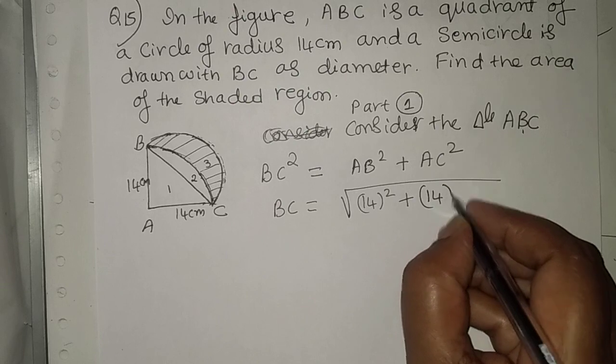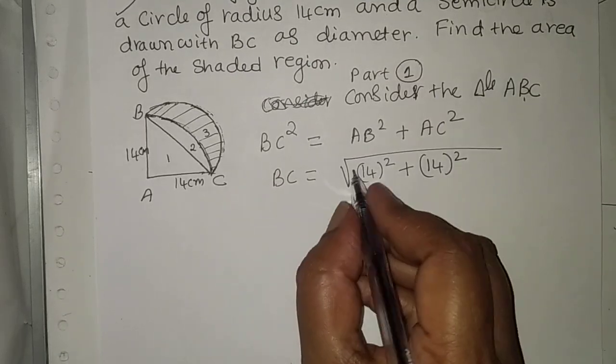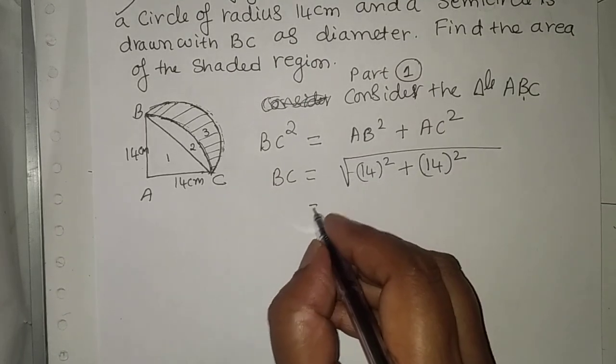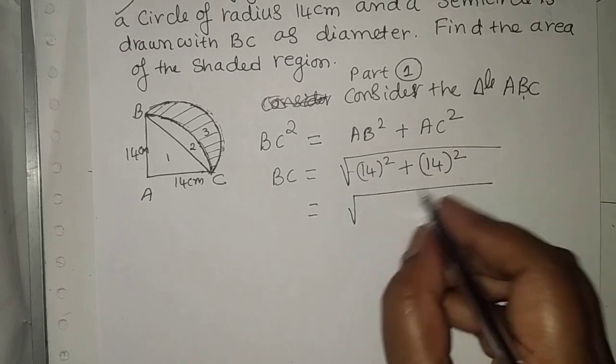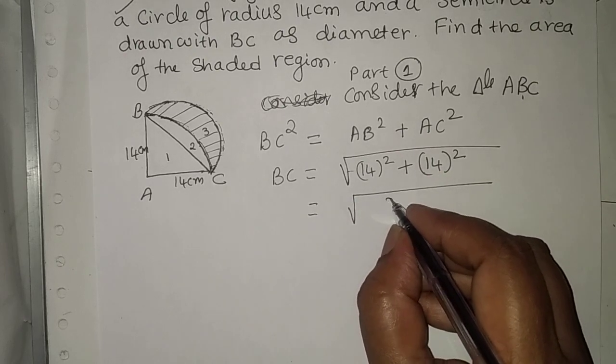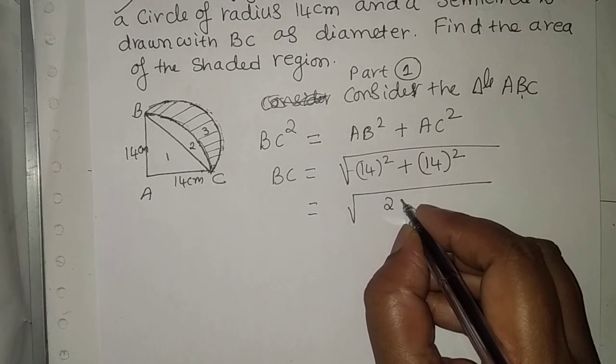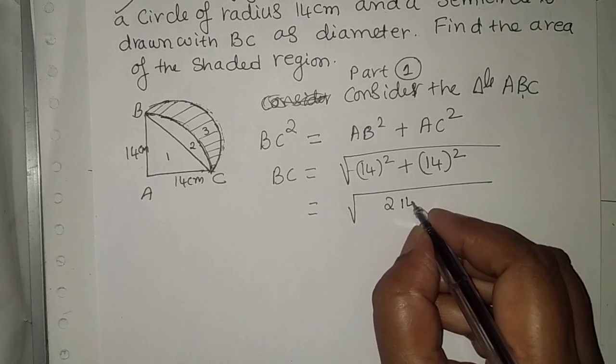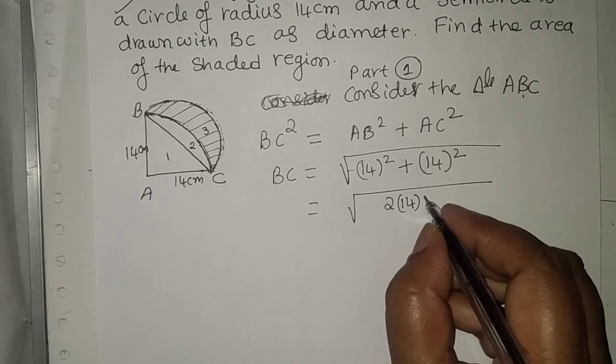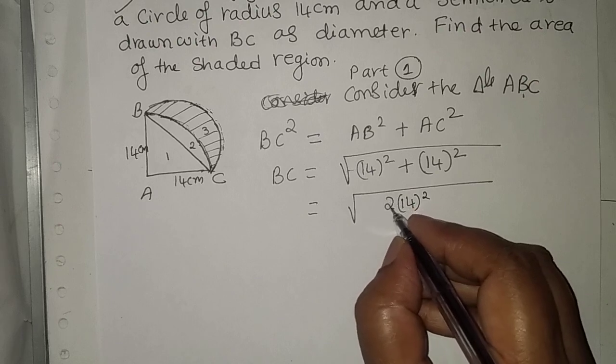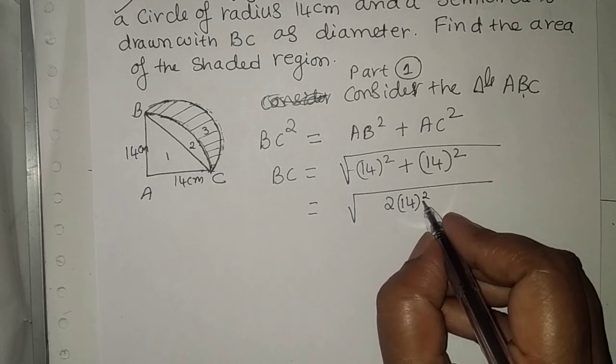So now we'll simplify this: adding these two inside the bracket, this becomes 2 times 14 square.